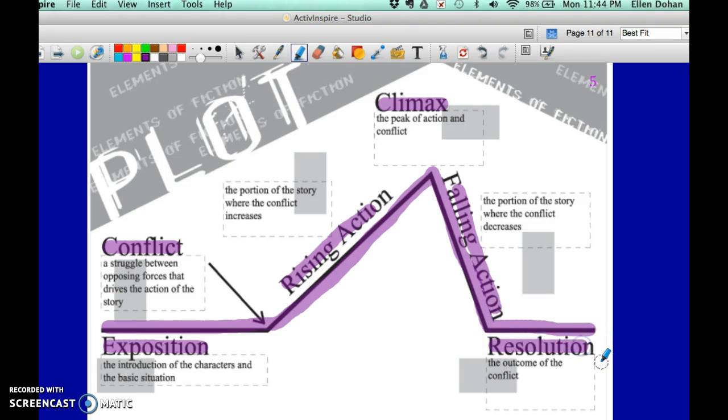This will just help you get a visual piece of how a story is structured. You do not need to write these definitions because you've already done those. We're going to practice with plot structure tomorrow, so make sure that you complete these notes.